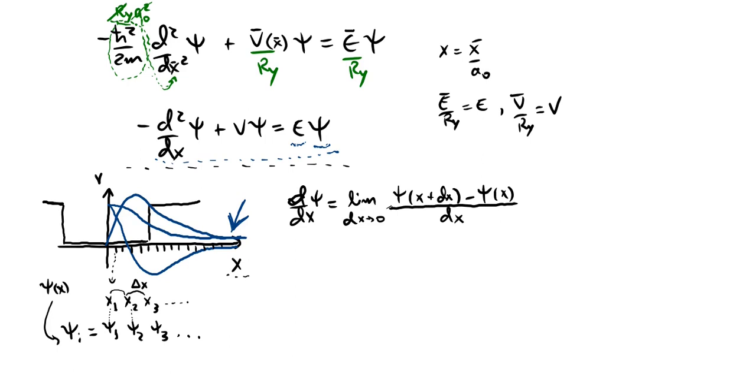If dx goes to 0, then this is the derivative. But I'm going to write it approximately on my discrete axis as psi of i plus 1 minus psi of i, divided by delta x. This is a good approximation provided that delta x is a small number, right? So you have to discretize as finely as you can in the computer when you want to solve this.